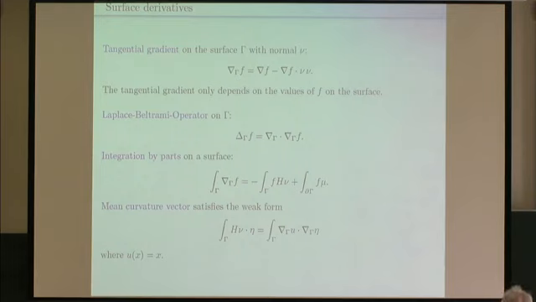This is a very useful way in doing surface finite elements. This identity, when it's put into the framework of discrete surfaces, gives us a way of computing a mean curvature vector. And that's exploited in solving geometric equations.